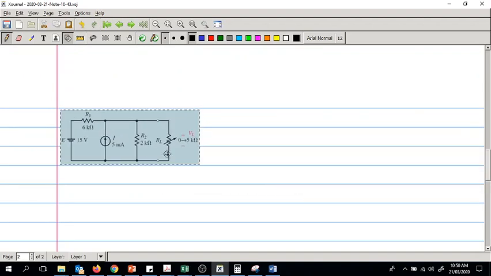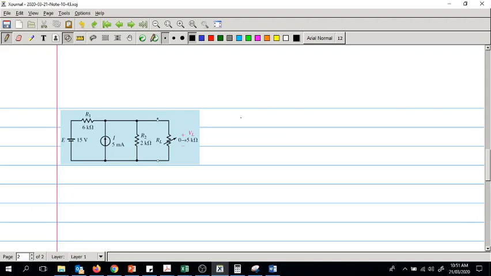Now first we need to remove the load, right? Once you remove the load, you will get the circuit excluding the load, that is this part, right?